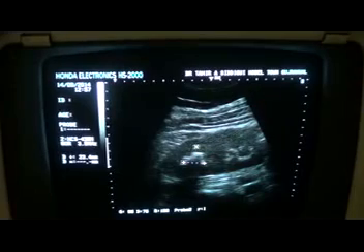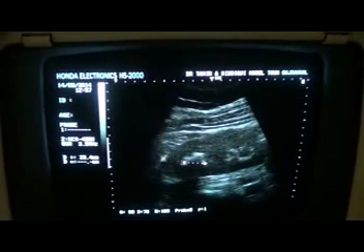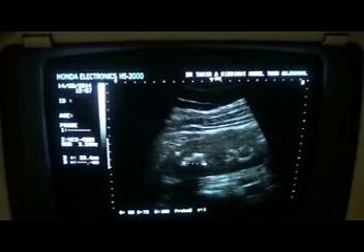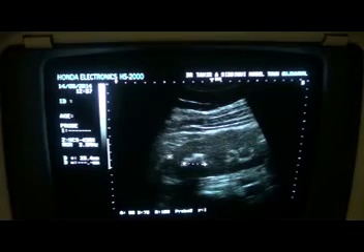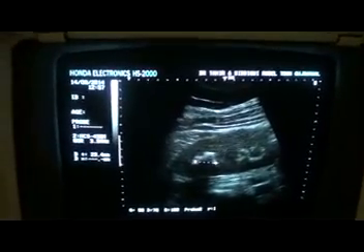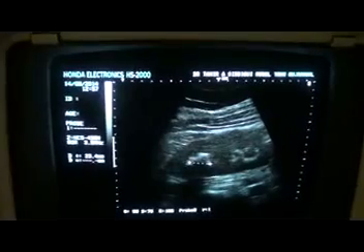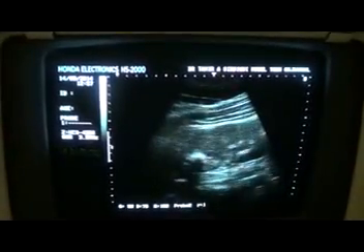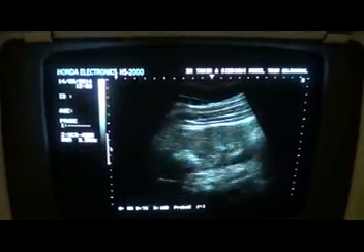If you see the parenchyma, the medulla is not seen, the pyramids are not visualized, the echogenicity of the cortex is normal though, and otherwise central sinus echo complex is muffled. These are additional findings that are seen in this case.